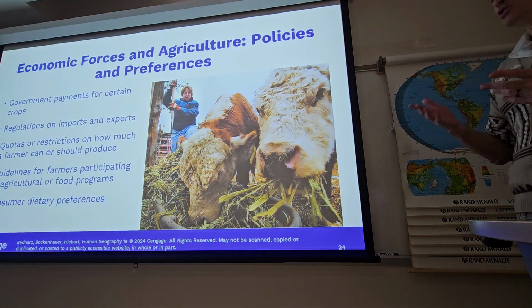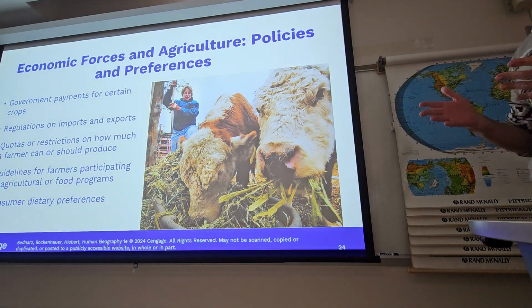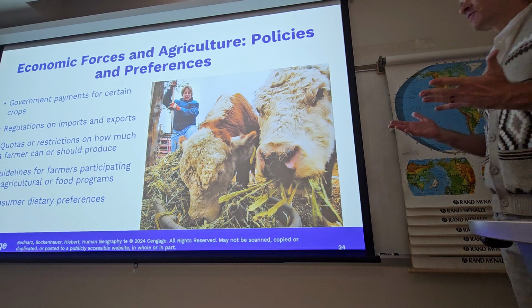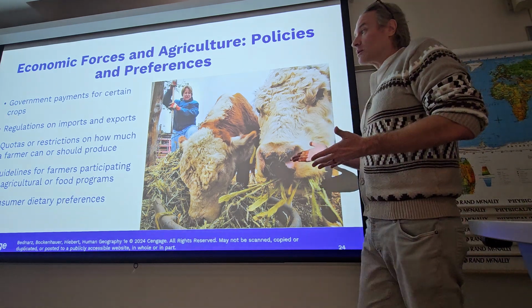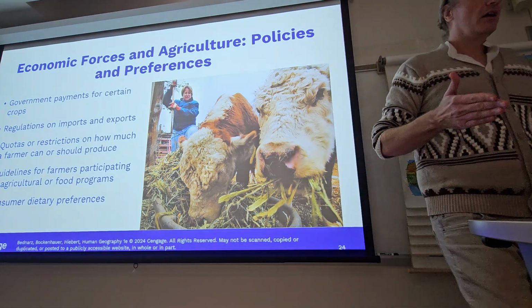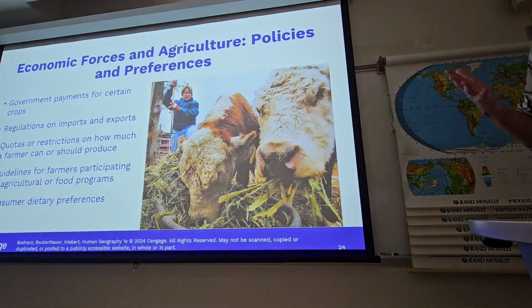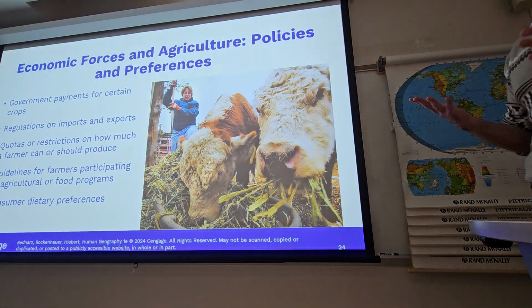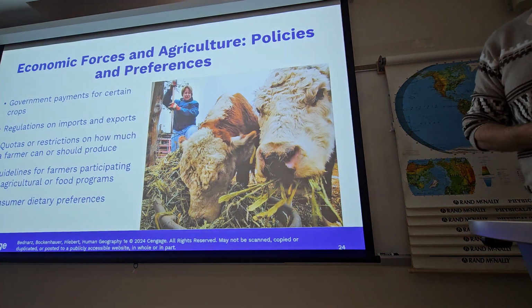And in general, if voters are voting for someone who's kind of pro small family farm, they'll get that vote. But often the policies that are put into place benefit all agriculture, and so it still benefits larger businesses compared to smaller ones.